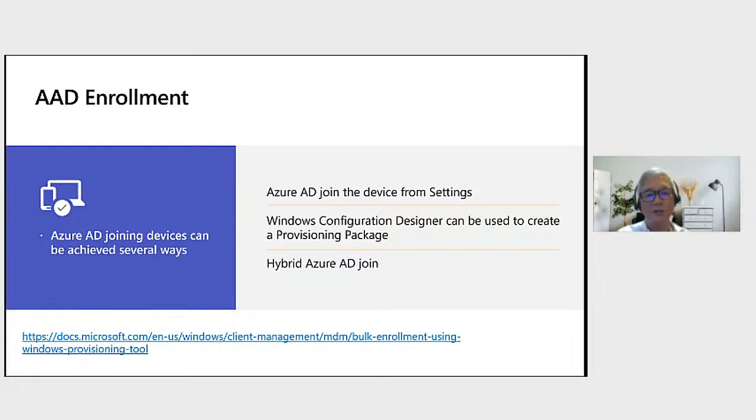A third way is to use hybrid Azure AD join, where if you have an on-premise AD that is synchronized into Azure AD, you can use Azure AD Connect to configure it to allow the MTR to automatically join into Azure AD as well. This is how you would join this device into AD, and I provided a link there so you can read in more detail how to join the MTR into Azure AD.